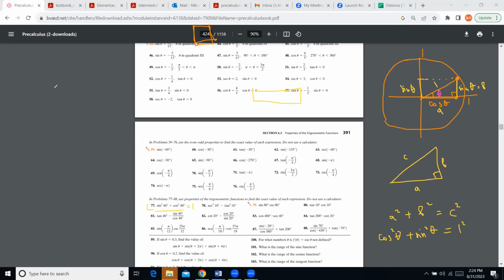Now there are two more here that talk about 1 plus tangent squared is equal to secant squared. So that's something totally different? Not really.